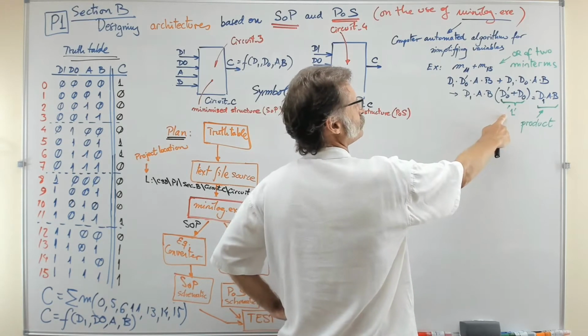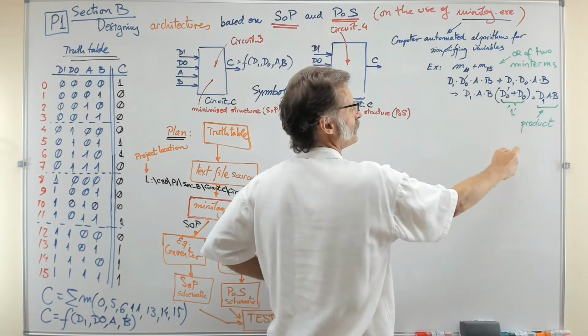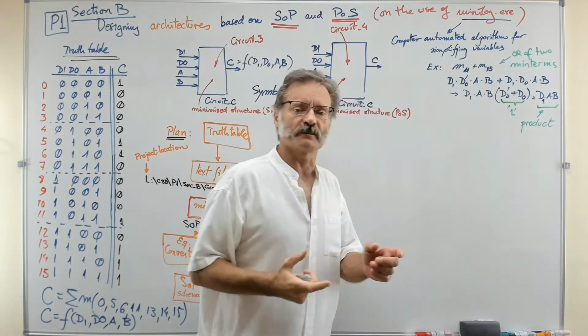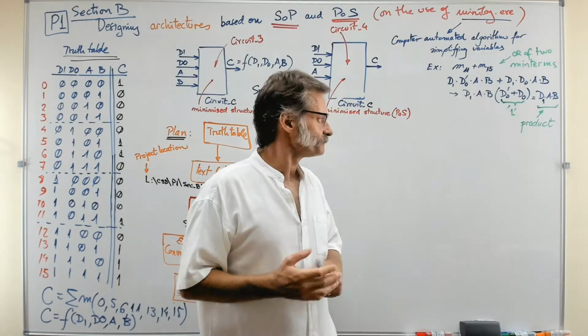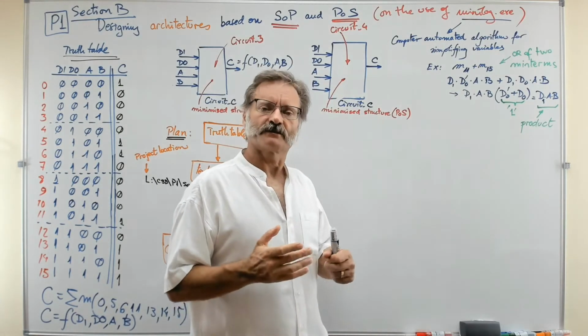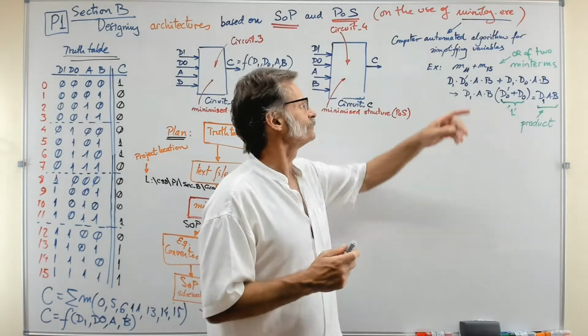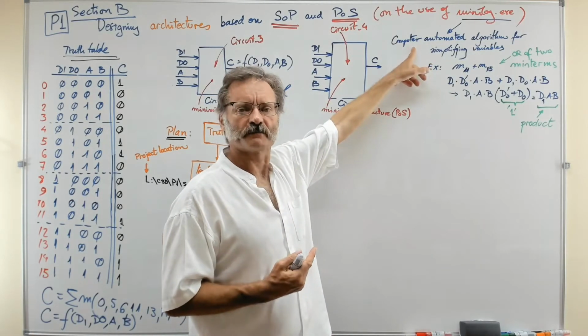So instead of a sum of two minterms, you have a final product, which is simpler because the D0 has disappeared. Alright, so that is what the system is going to do by means of a computer program.